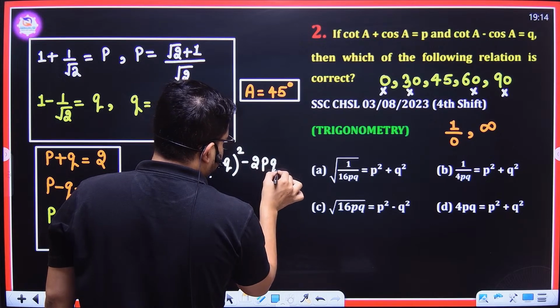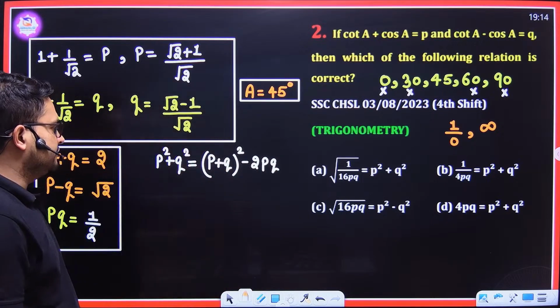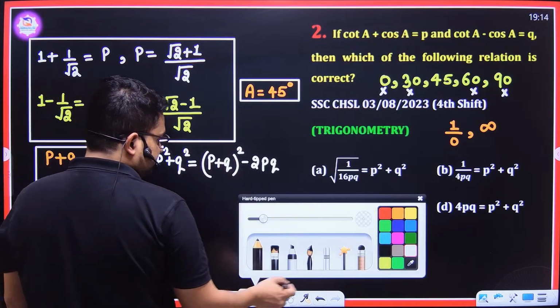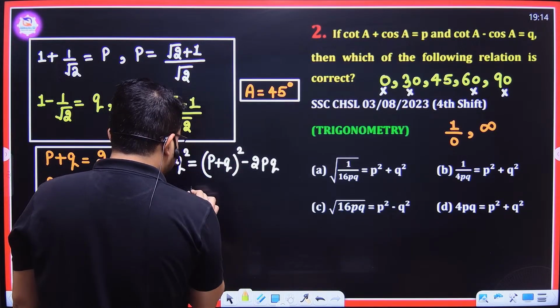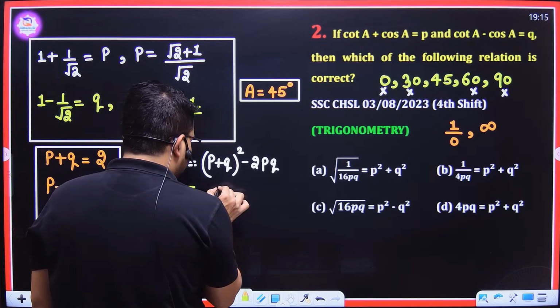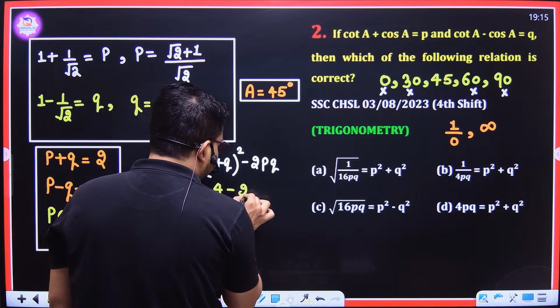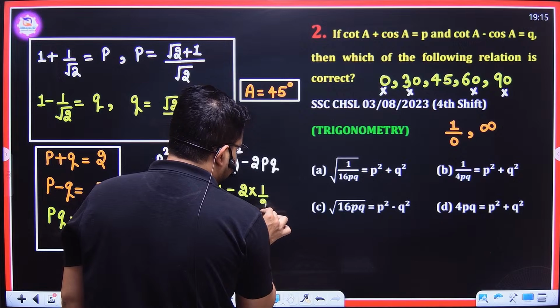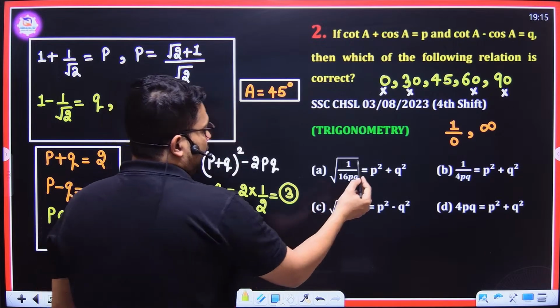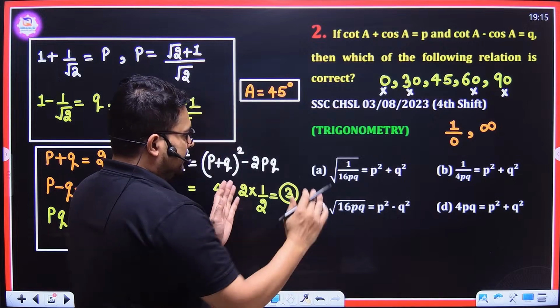If you open this formula, you have P square plus Q square plus an extra 2PQ, that will be cancelled out by this one. If I put the values here, P plus Q is equal to 2, 2 square is 4, 4 minus 2 into 1 by 2, that is 3. It means I have 3 on the right hand side.